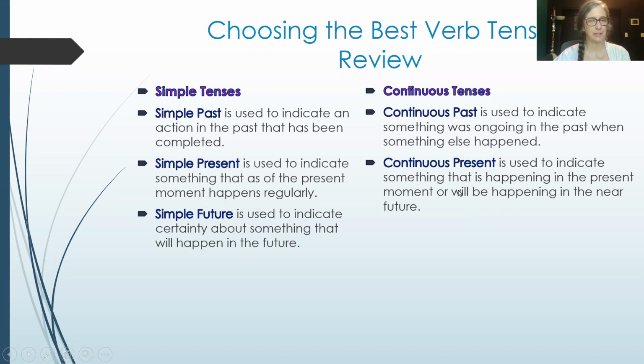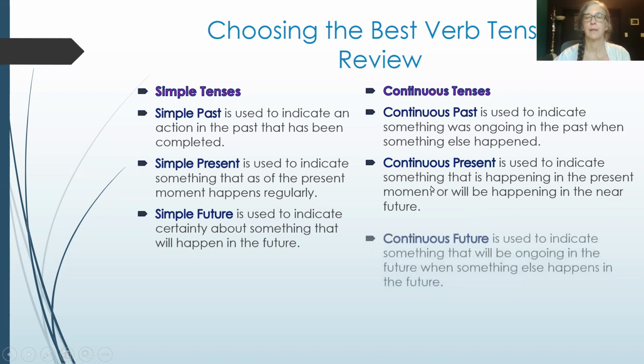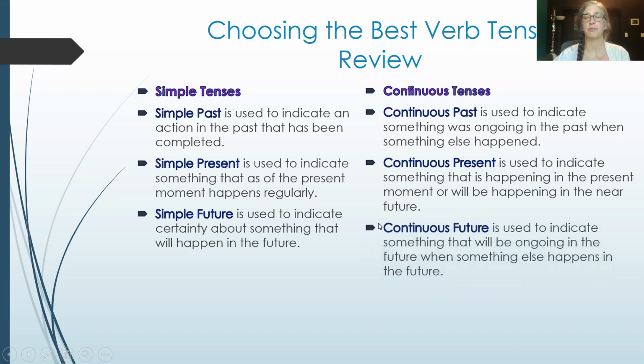I am cooking dinner. I am cooking dinner tonight for my family. Continuous future is used to indicate something that will be ongoing in the future when something else happens in the future. I will be cooking dinner when his plane lands.